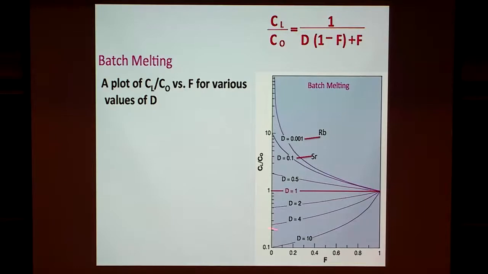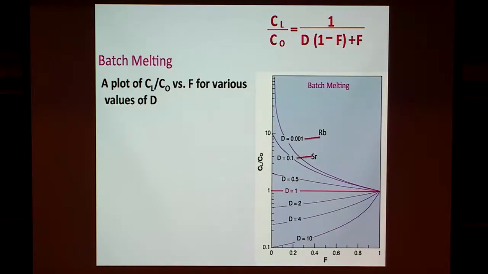Would love to, but we don't have parent-daughter systems where both of them are. I mean, that's the fundamental limitation, is we got to use the radiogenic isotope systems that God gave us. Well, we have one system where we have, for example, rhenium, which is pretty incompatible, but osmium is compatible.